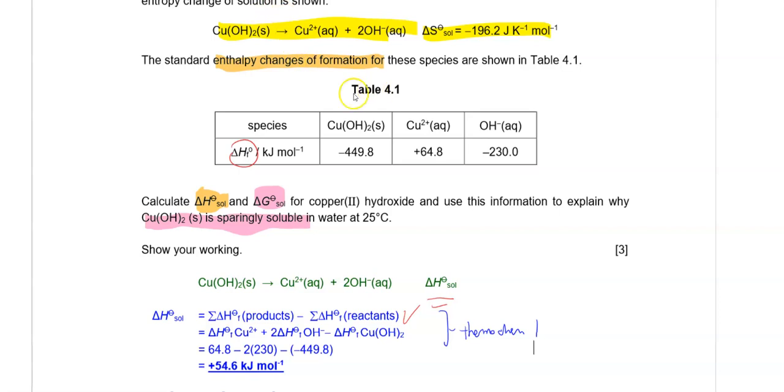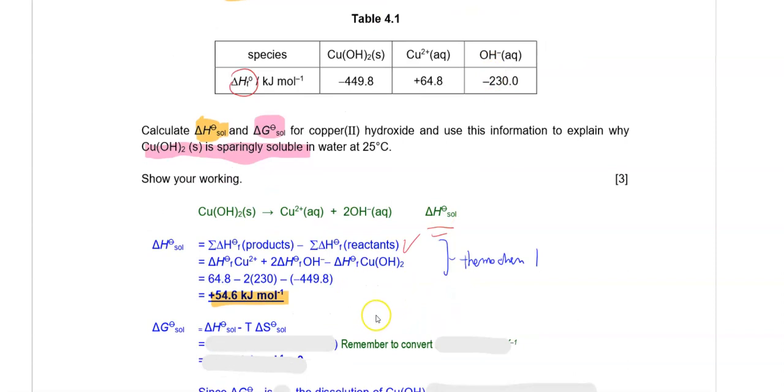To find the delta G, we're going to make use of this delta H value as well as the delta S value to find delta G using the formula. Okay, so we can sub in the delta H value over here, positive 54.6. Delta G is what you want to find.